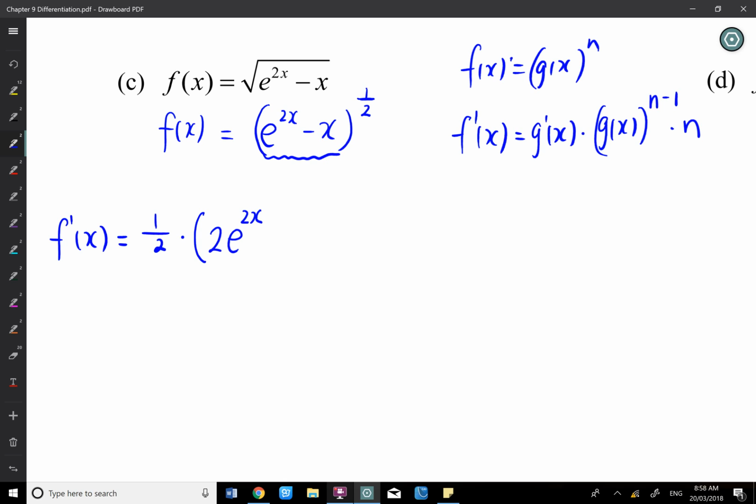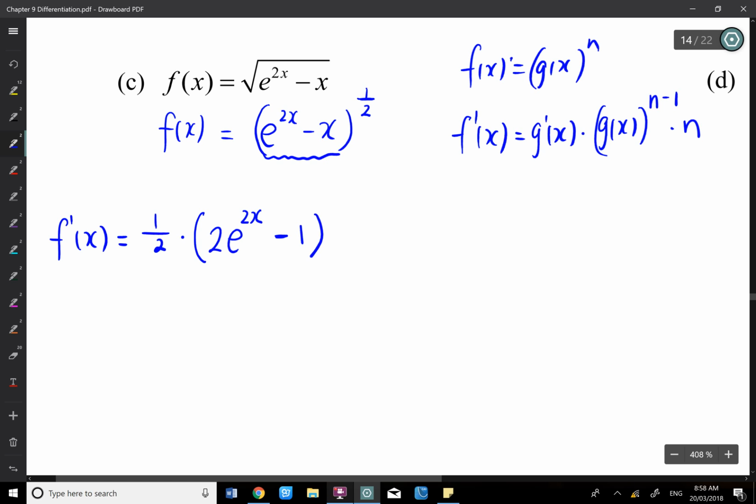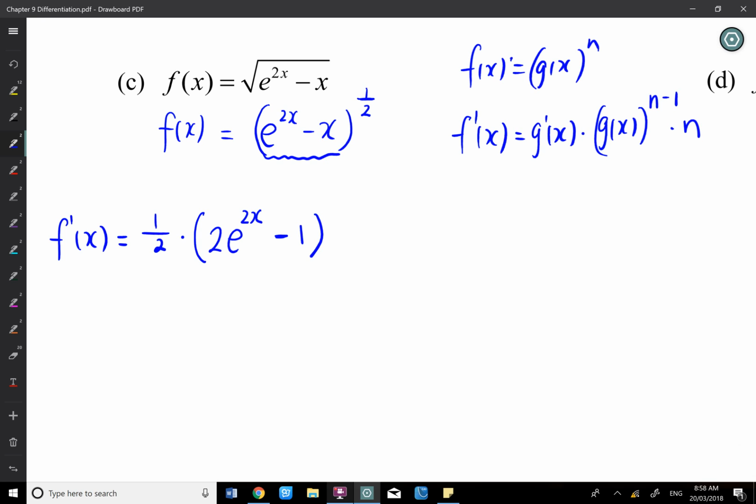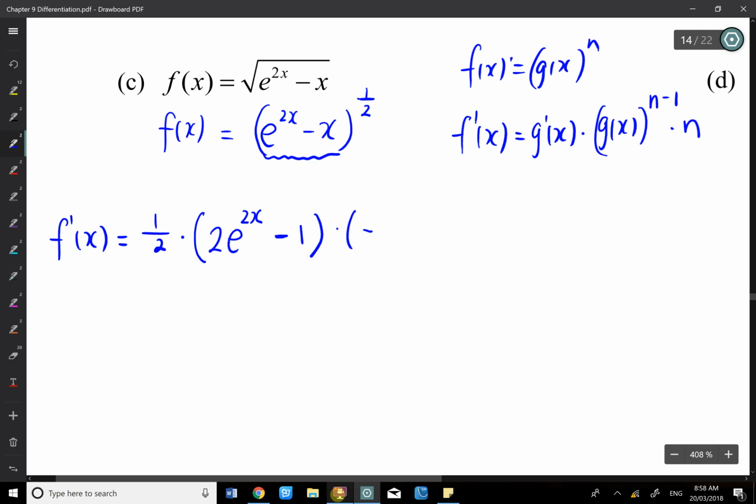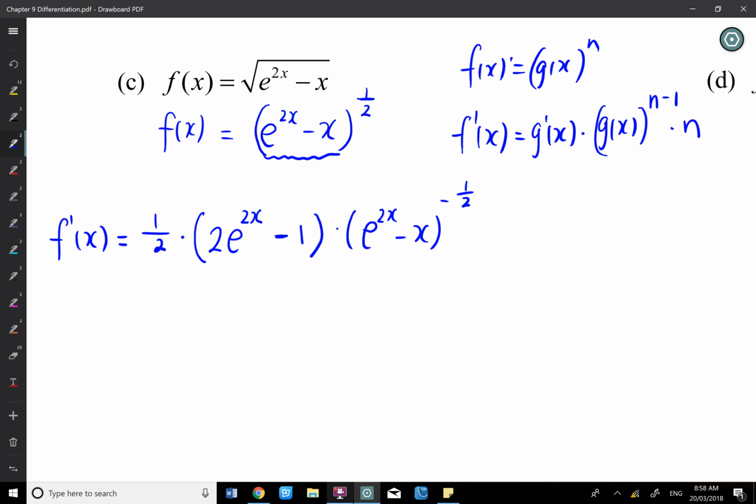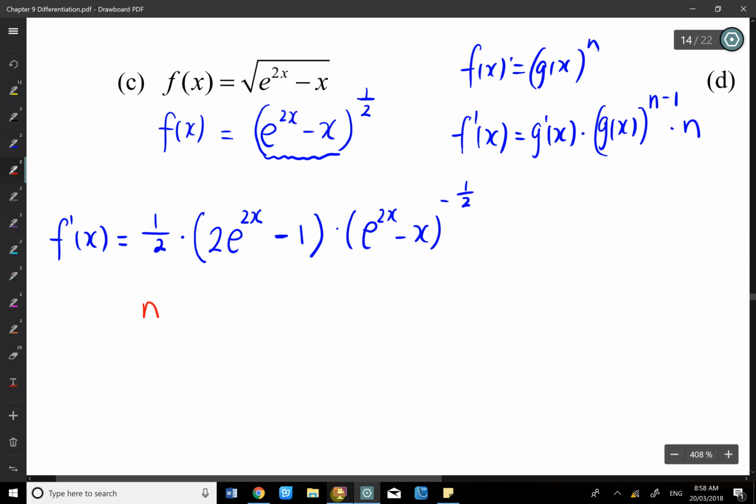Repeat it again. And then minus 1. That's my second component, g dash x. And the last thing is e to the power of 2x minus x to the power of negative a half. You need to reduce the power by 1. So that's the n, that's the g dash x, that's the g of x to the power of n minus 1.